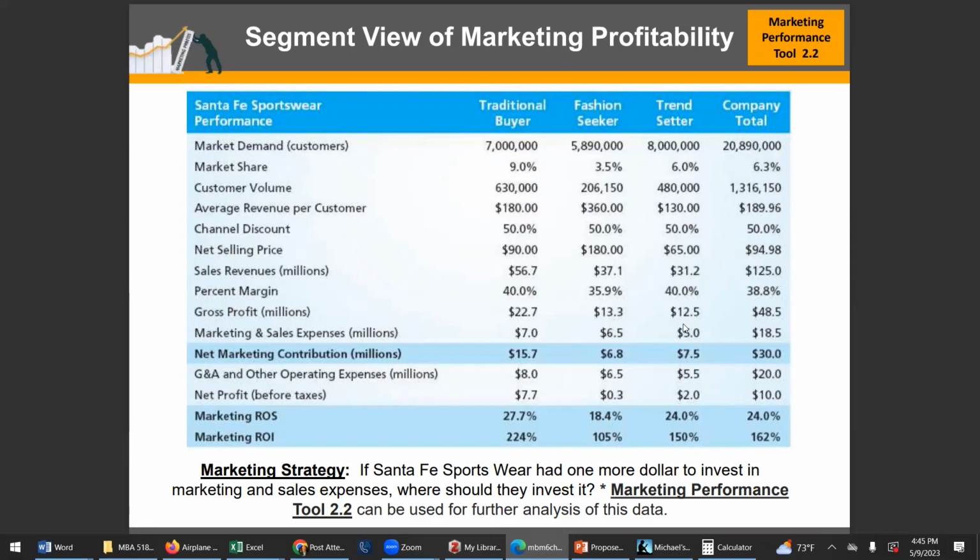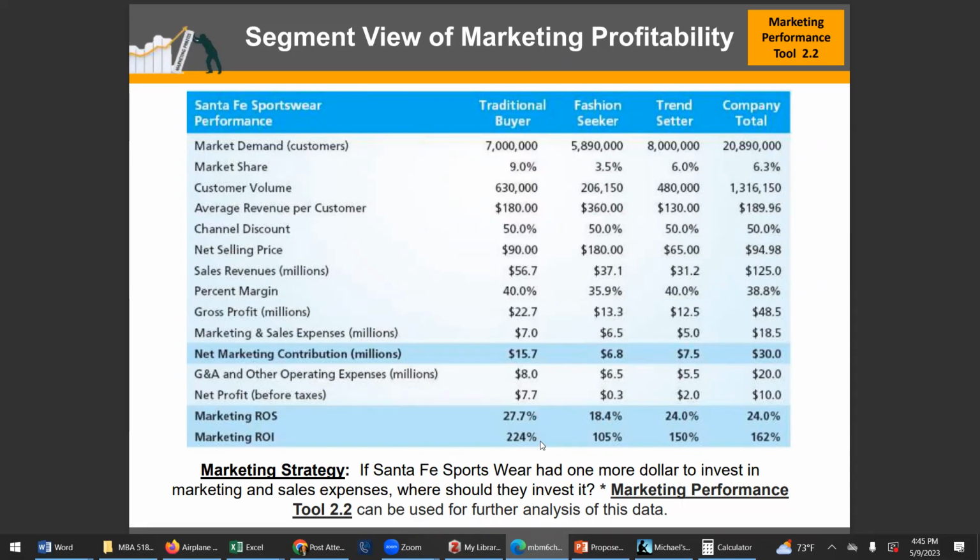But it's split out by customer segment. And now what we can see is that marketing return on sales is highest among traditional buyers, and our marketing return on investment is higher among traditional buyers.